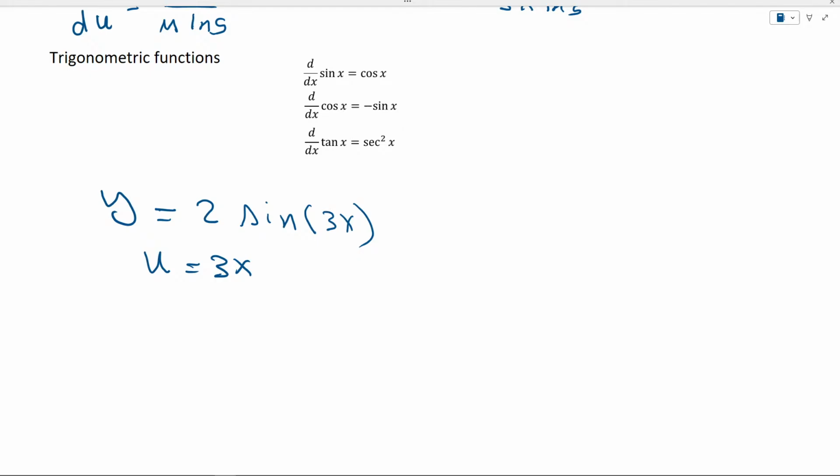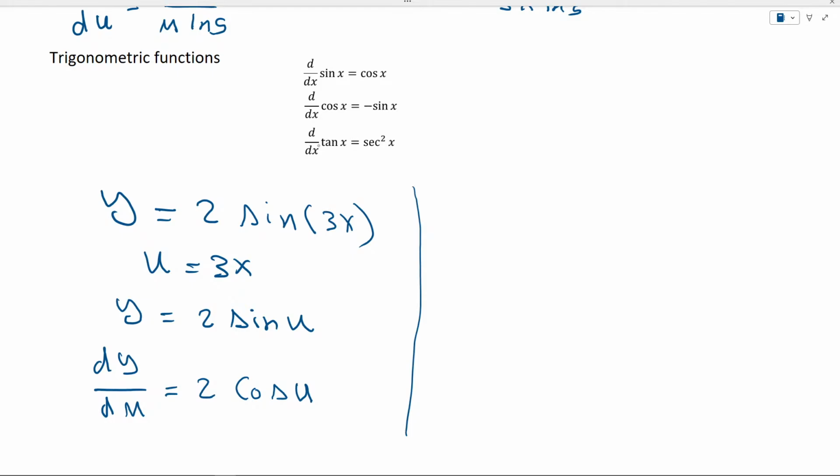Then I will say my y is equal to 2 sine u. Now I find dy with respect to du, and that would be 2 cosine u. Remember the rule: dy with respect to dx is equal to dy with respect to du times du with respect to dx.